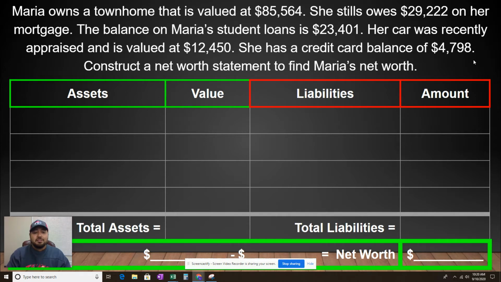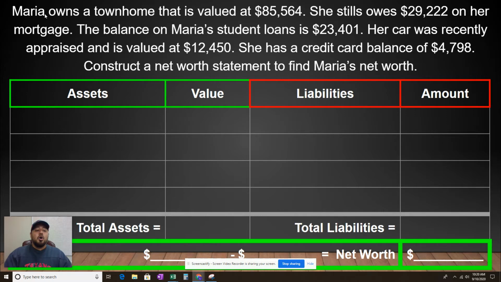And so this table that we see here is the format of the net worth statement. And we are going to fill this in, but first we need to identify each piece of information that we're given, whether it's an asset or a liability, and that will tell us where we need to go. So first, the first piece of information says Maria owns a townhome that is valued at about $85,000.